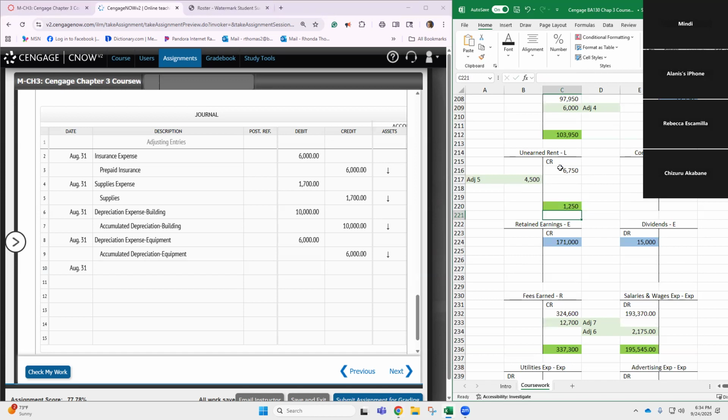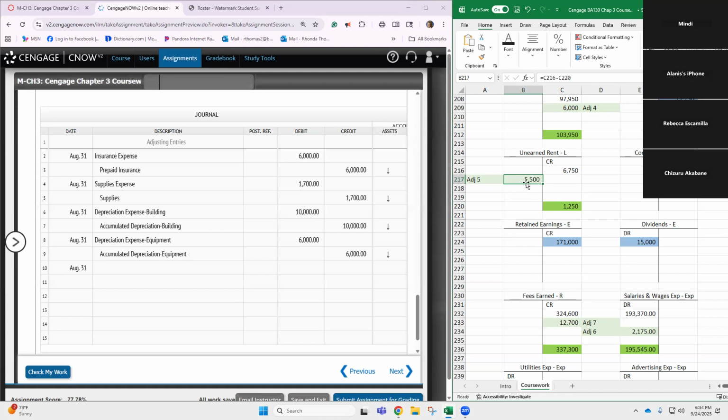Okay, so we're going from $67.50 down to $12.50. So we're going to have to figure out how much this adjusting entry is going to be. So $67.50 minus $12.50 is $5,500. Okay, so we must have earned that much rent.